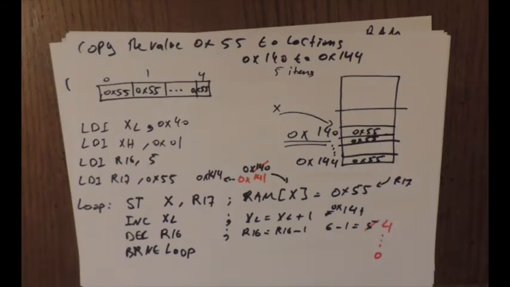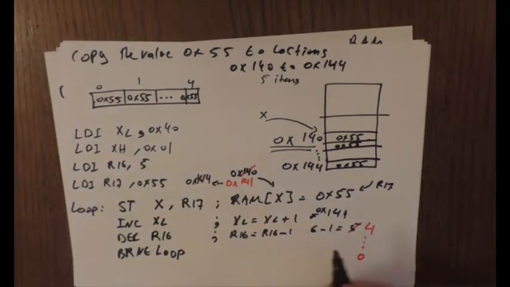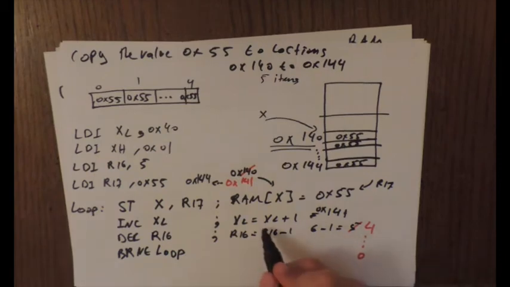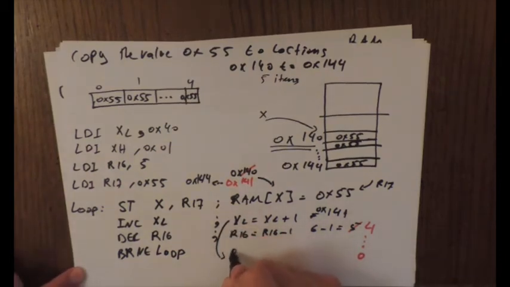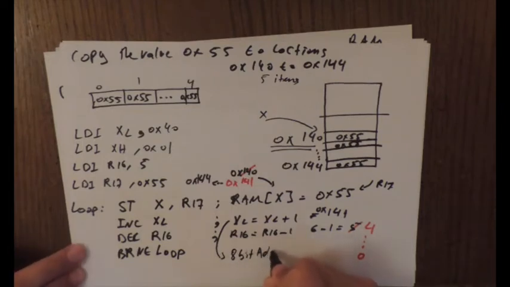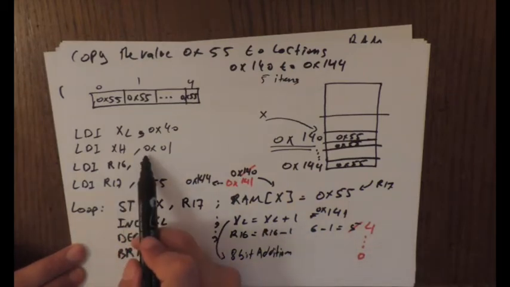However, I have an issue here. The issue is that this is doing an 8-bit addition. What if I have values that need x high to be increased?